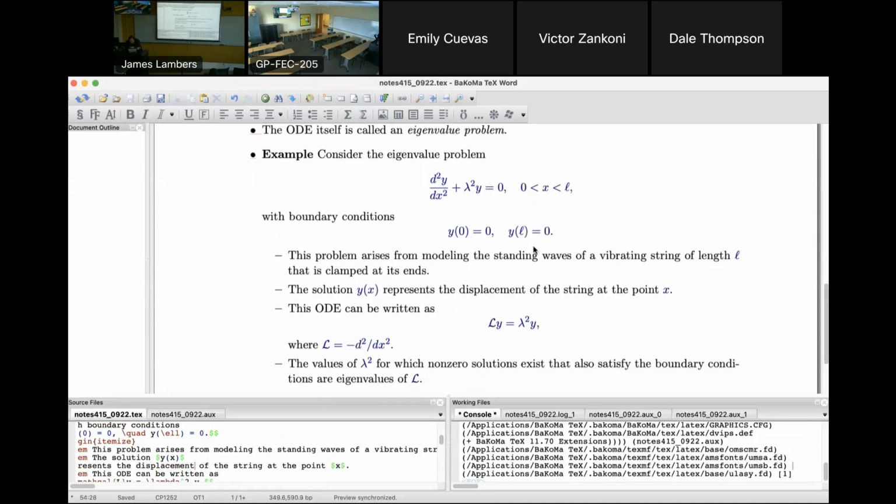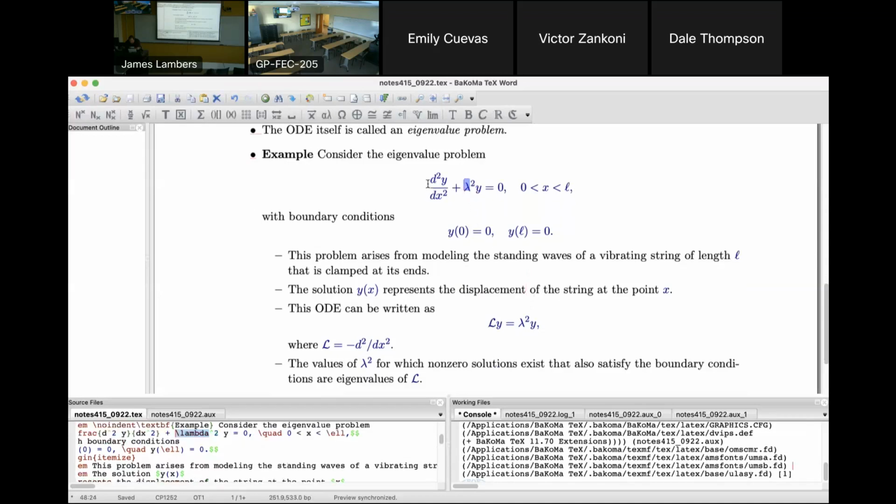Okay, so now this ODE by itself, we can come up with a solution for this for any value of lambda. The problem is that solution is not necessarily going to satisfy boundary conditions.